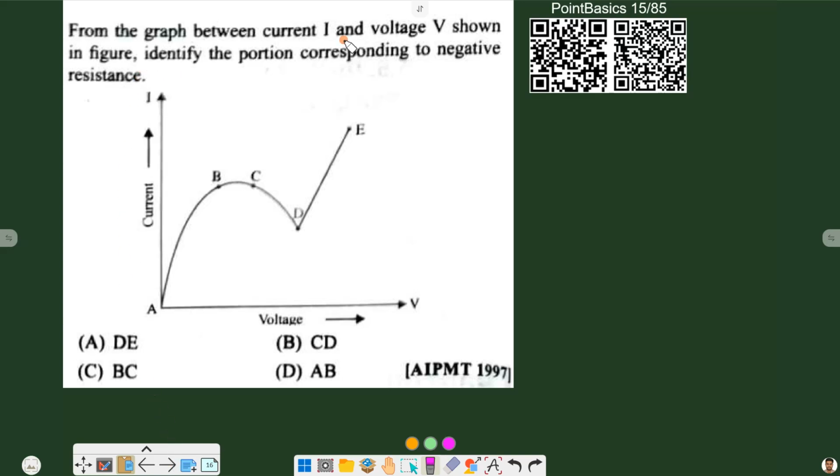From the graph between I and V shown, identify the portion corresponding to negative resistance. We just discussed in the previous question that when a device shows non-ohmic behavior, during this behavior the device has negative resistance.